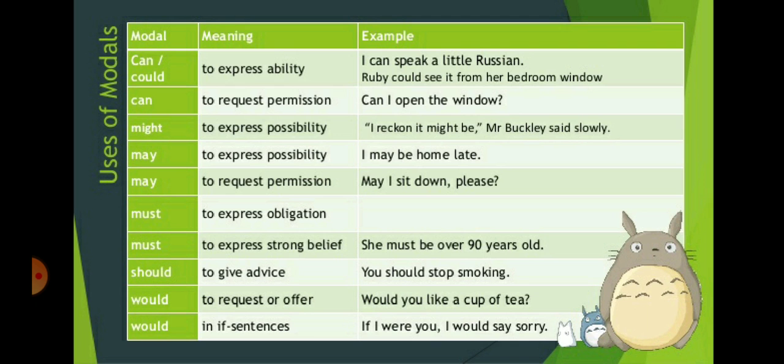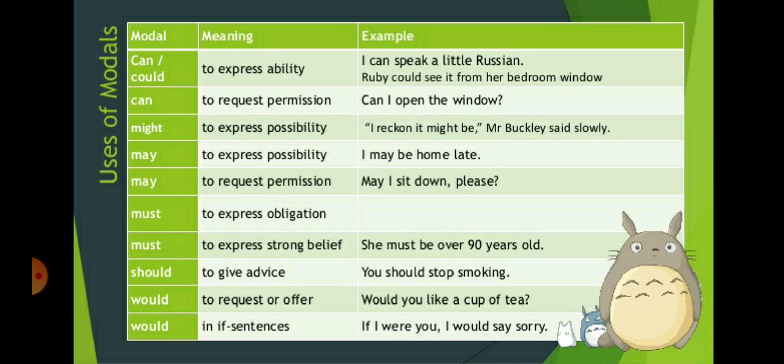Now come to could. Could is the past tense of can. It is used for all persons in the past tense. Could is used to express ability in the past. For example, I could solve all the sums. It means that he was able to solve all the problems, all the sums.